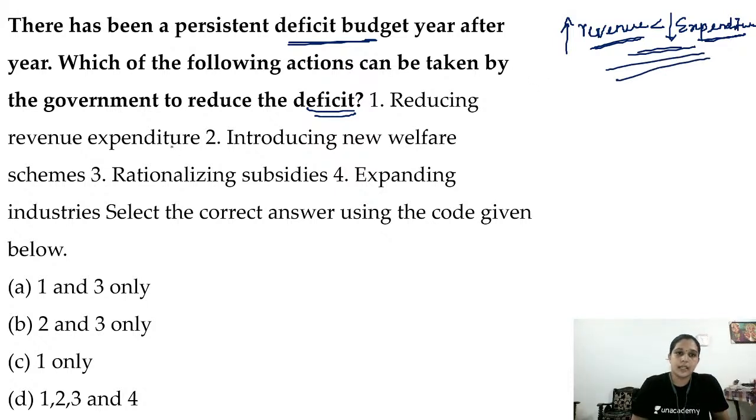Let's see. Reducing the revenue expenditure, introducing new welfare schemes, rationalizing subsidies, expanding industries. Fine. So reducing the revenue expenditure. You should actually reduce the revenue expenditure. Revenue expenditure means one-time expenditure.